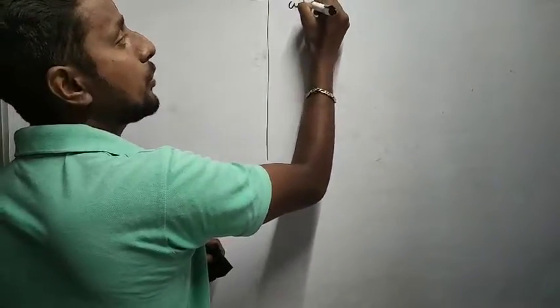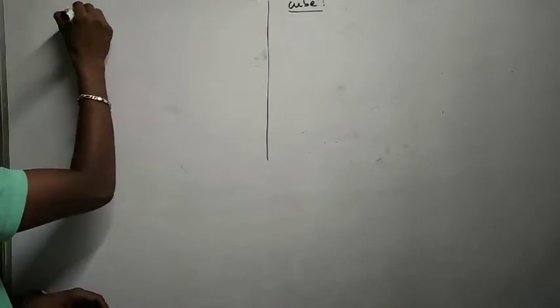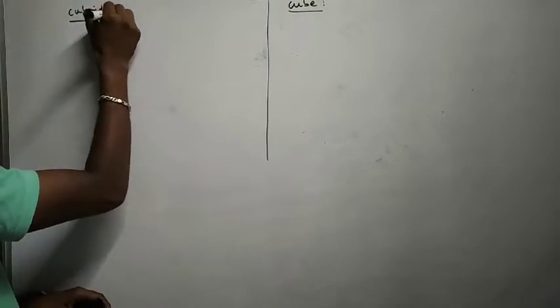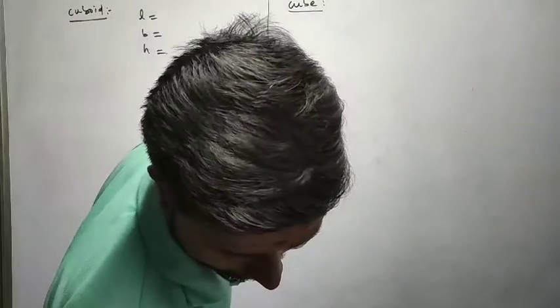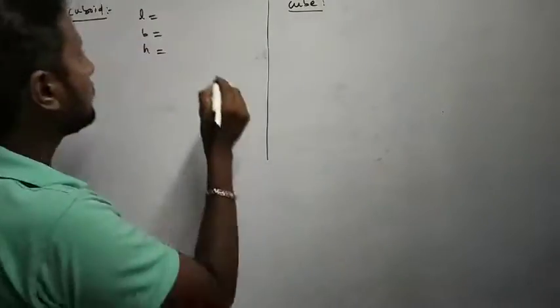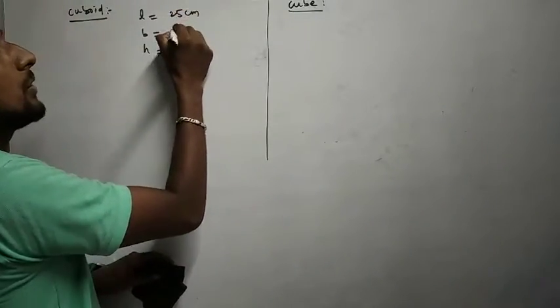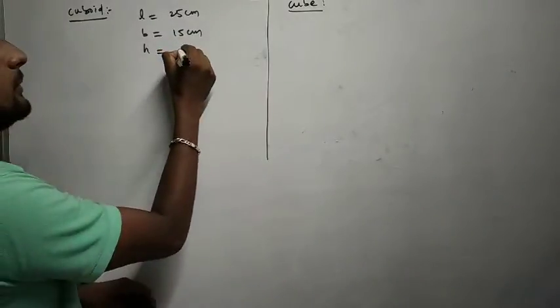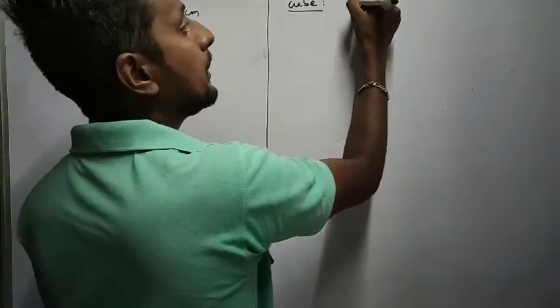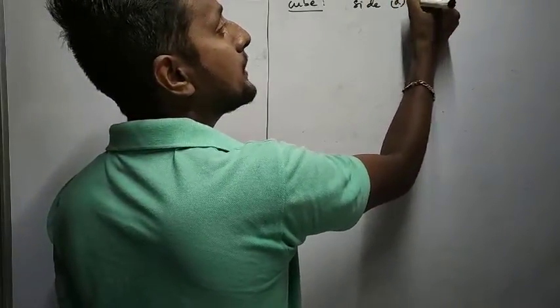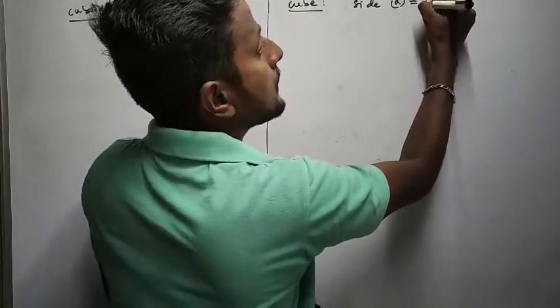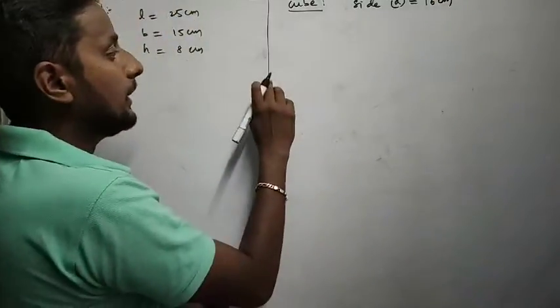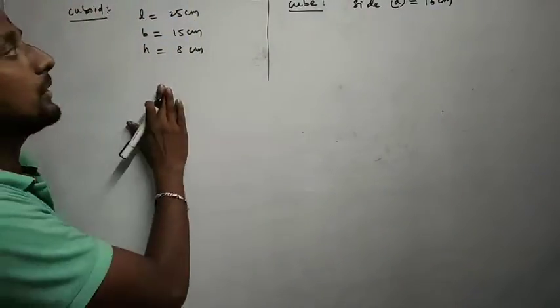The cuboid dimensions are length 25 centimeters, breadth 15 centimeters, and height 8 centimeters. Here the side of a cube, a, is equal to 16 centimeters. Then find the difference of the volume of both shapes.